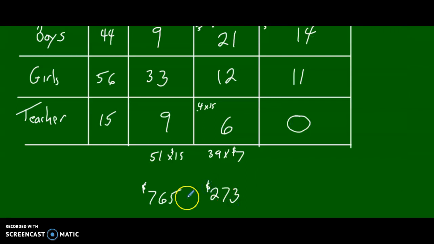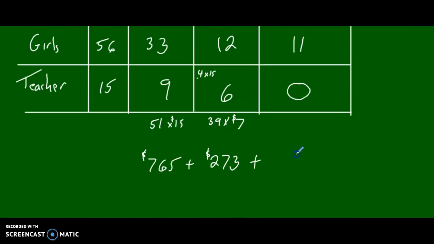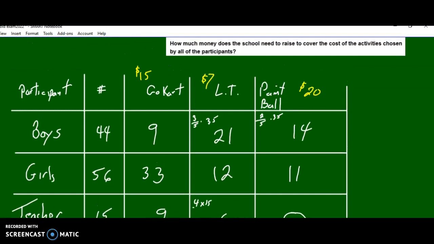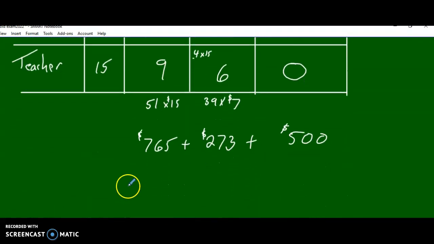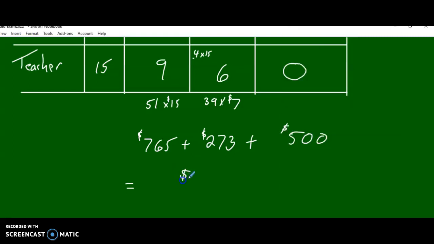And then here you gotta add up the last one. 25 times 20, that's $500, right? 25 times 2 is 50, let's just double check that. 500. And then you add them all up, 273 plus 500 plus 765 equals $1,538.